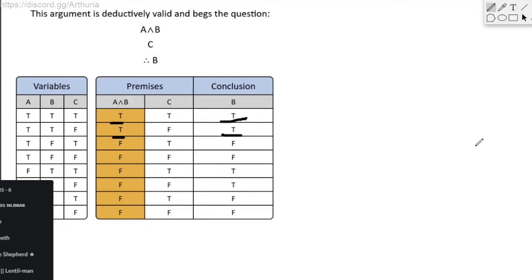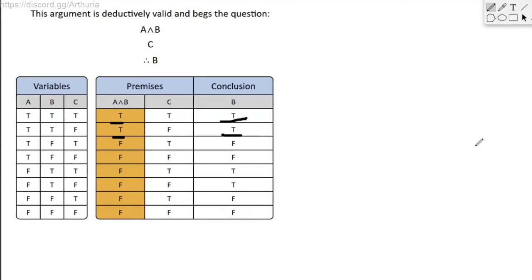Yes, very close to binary logic. Yes, absolutely, 100%. You could call this binary logic. People who do circuit design, it's the same exact thing, but they use different symbols.